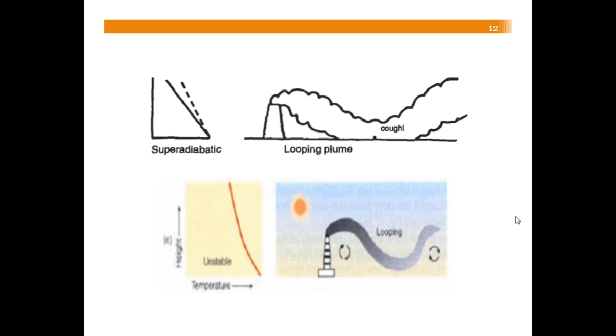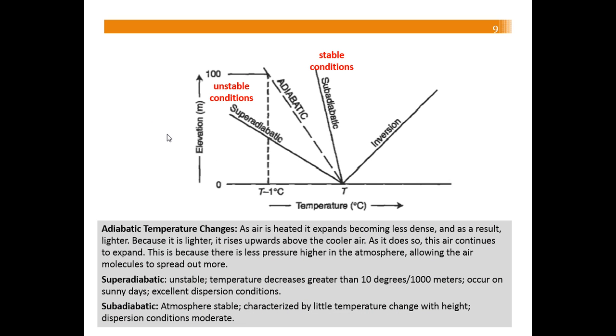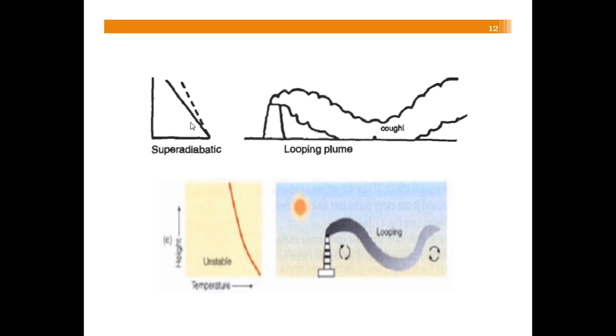Okay, so again here, this just represents how the pollutants would be dispersed according to the atmospheric conditions. So if you recall, super adiabatic, if we look again, super adiabatic is unstable conditions. Your pollutants are being released from the source here.